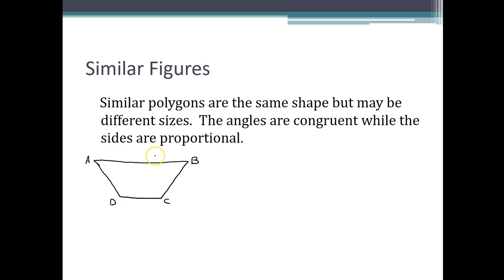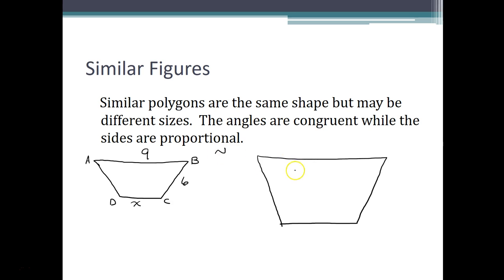In this quadrilateral, side AB is 9 units, side BC is 6 units, and side CD is X units. And then you have a bigger version of the same shape, and you're told that these two are similar.